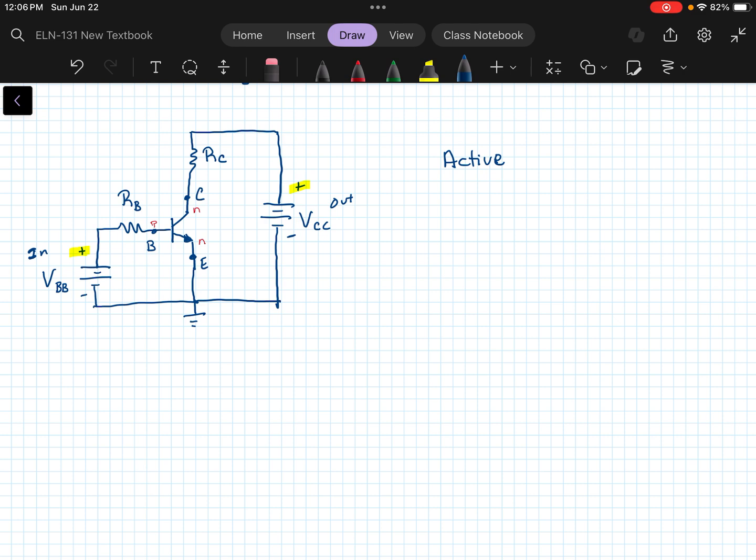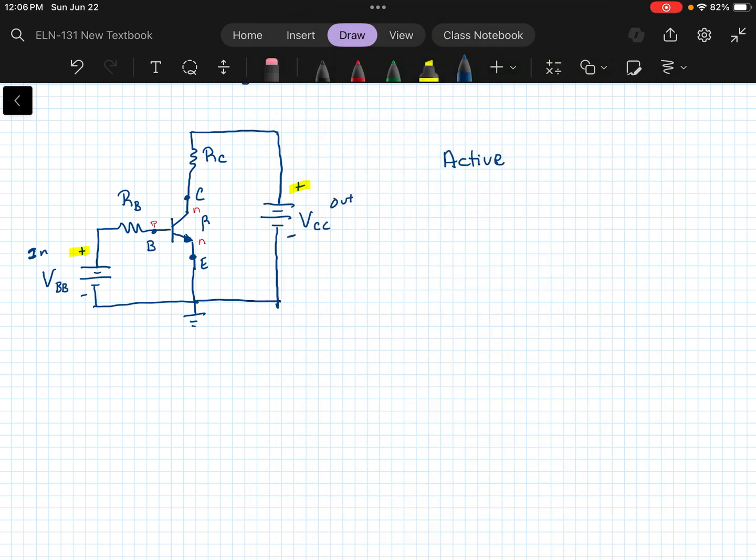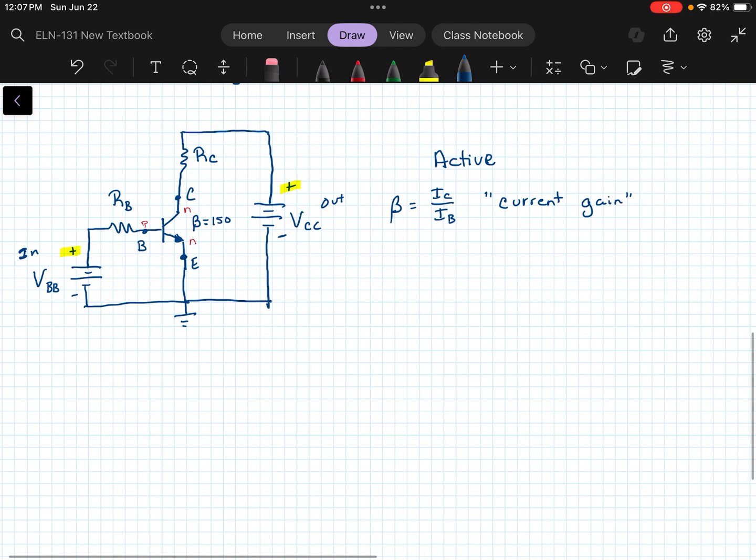And let's just say that the transistor has a beta. You would need to know this. The transistor has a beta of 150. Now let me mention the beta real quickly. Again, the beta is the ratio of IC to IB, and we call that the current gain of the transistor.